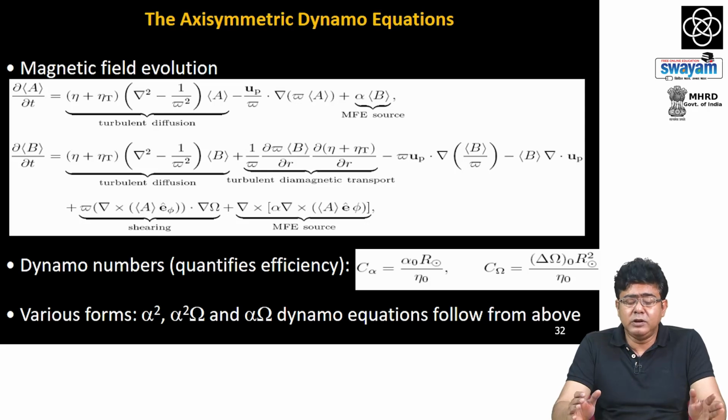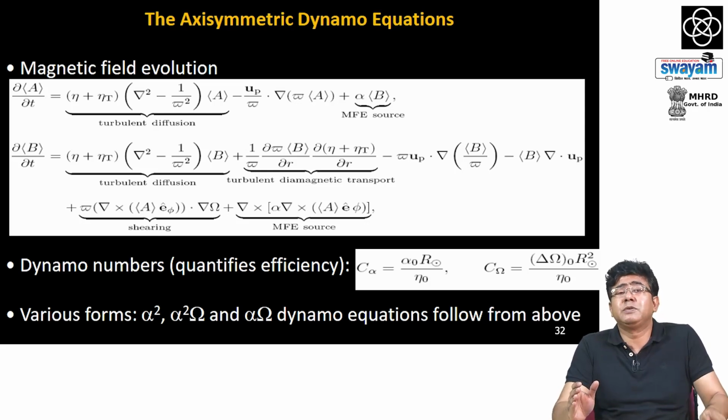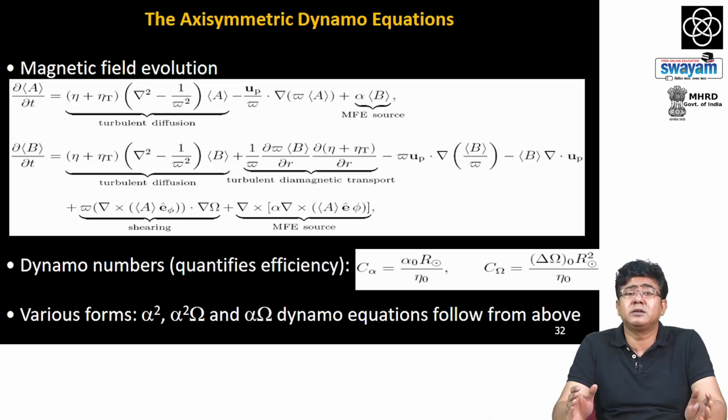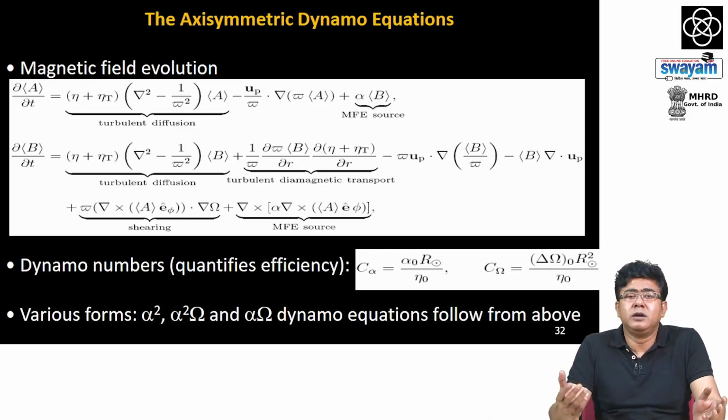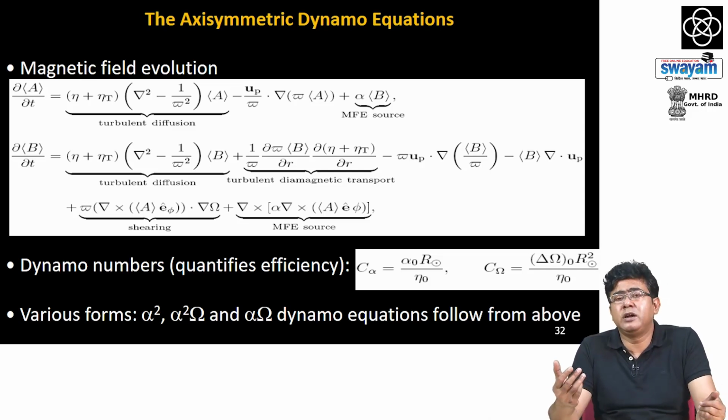The various terms, I will not go into the details of that. You can get more details on these terms from the references, the resources that have been added at the end of this talk. It suffices to say that these terms include source terms as well as dissipative terms, as well as terms that describe the transport of magnetic fields from one part of the domain to another part of the domain, stretching, twisting and shearing of the magnetic fields.